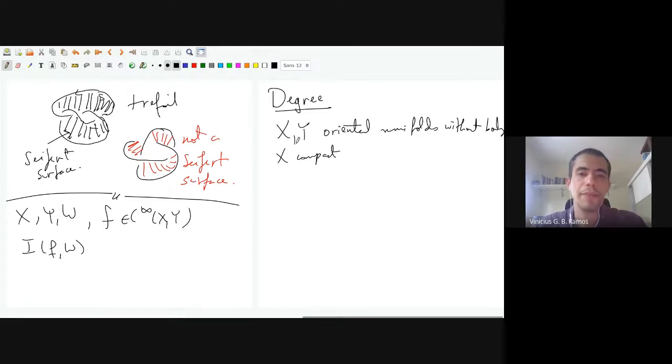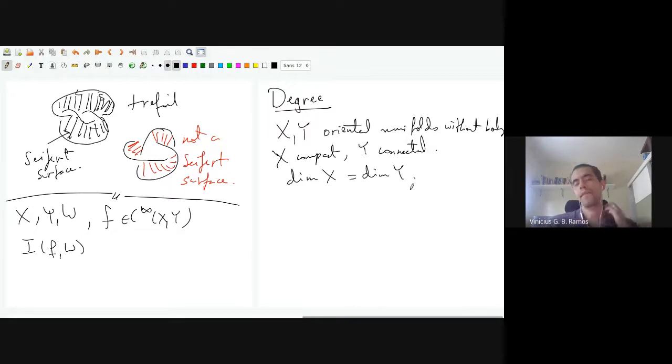And for things to really be well defined, I'm going to suppose that Y is connected. And the main thing here is that the dimension of X is equal to the dimension of Y. So now we want to do intersection theory where W is a point.